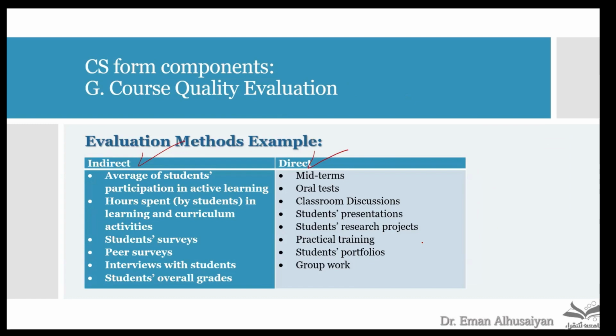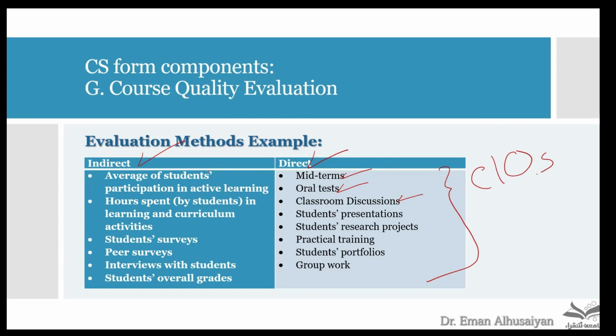Now, the examples for direct and indirect methods. Direct methods are midterms, oral tests, classroom discussions, and if you notice, all these are concerned with CLOs. Okay, the indirect methods are those that you take without telling students directly that they are being evaluated. For example, the average of students' participation in active learning.